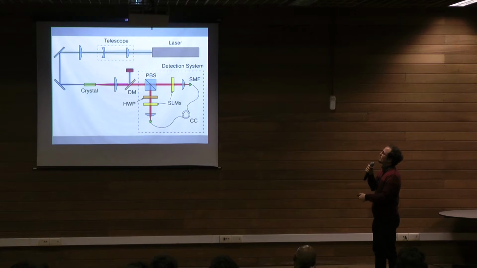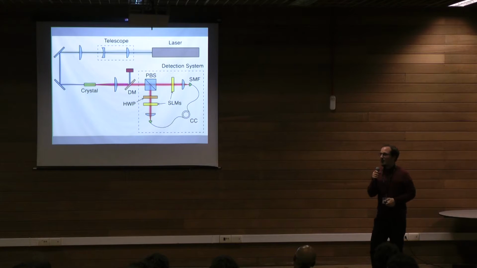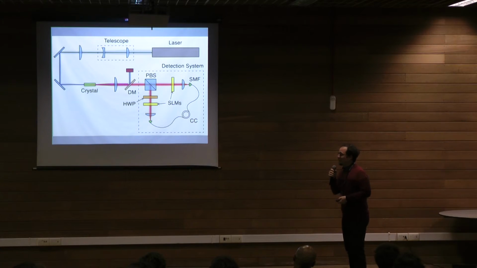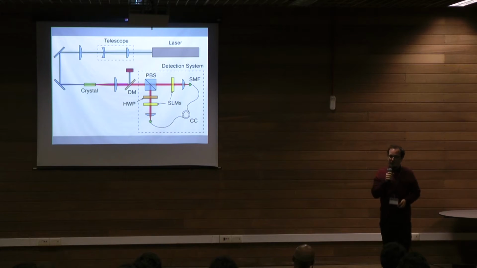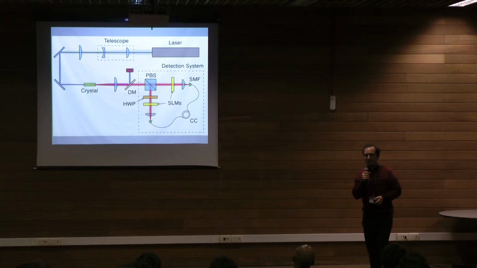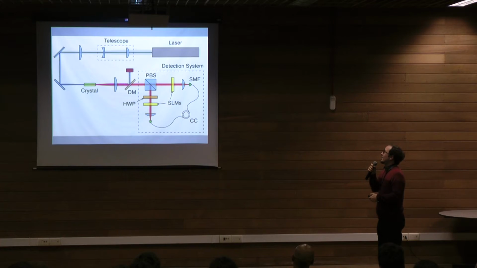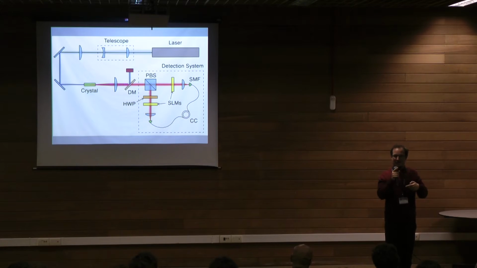You simply concentrate them with a telescope into a crystal where the process of spontaneous parametric down conversion sometimes turns some of these blue photons into a pair of red photons. And these red photons have very interesting properties, right? They have orbital angular momentum modes which are entangled, right? And additionally, they are polarized in other ways.